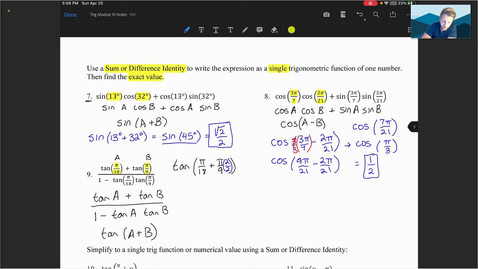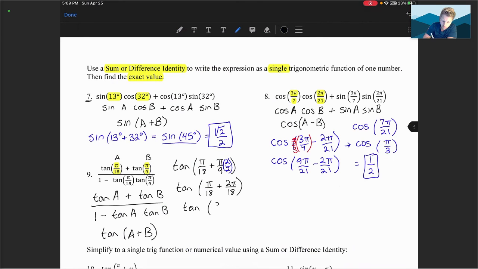And we'll receive back that we have tangent of pi over 18 plus 2 pi over 18, which gives us a total of tangent of 3 pi over 18.